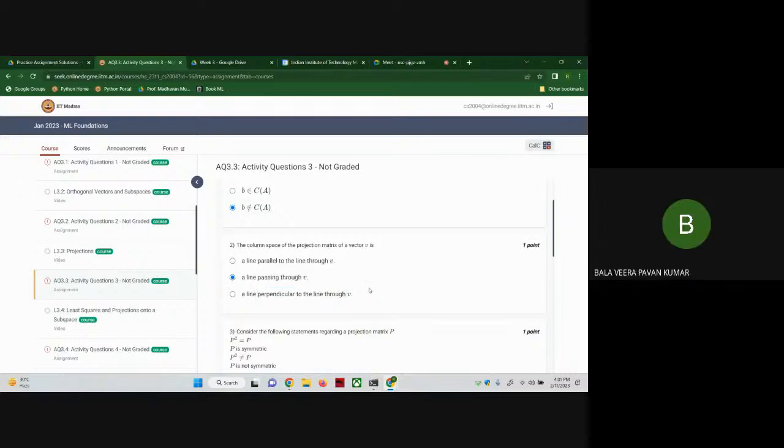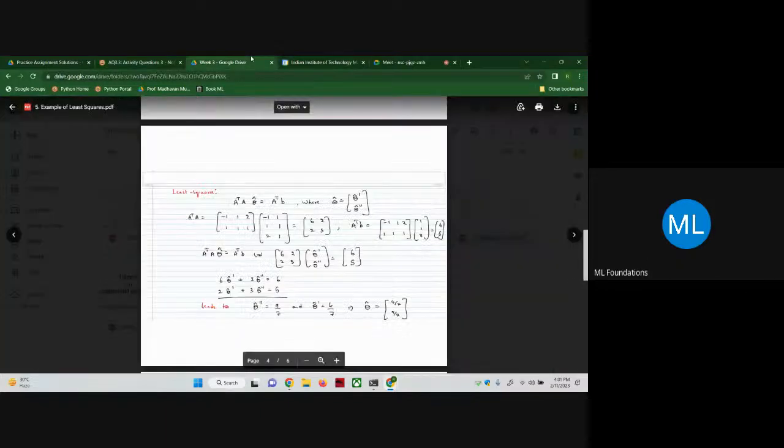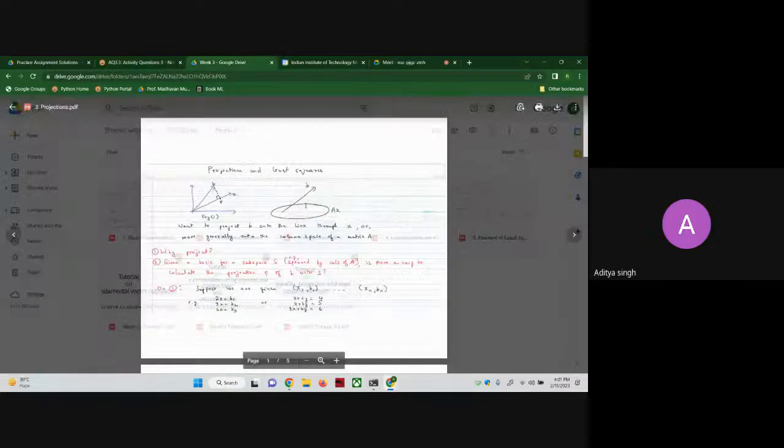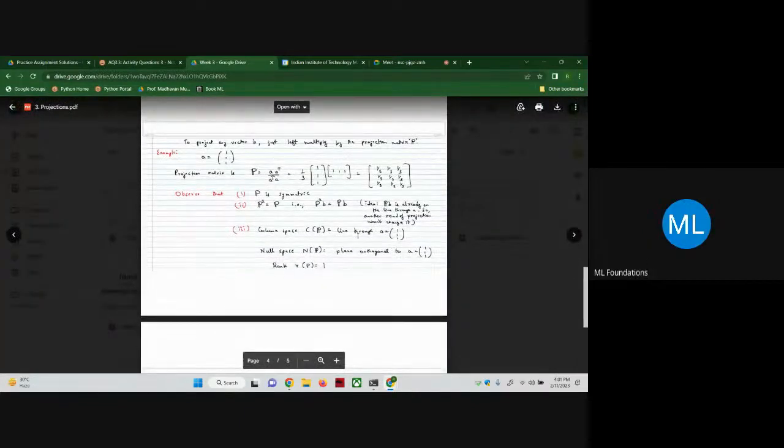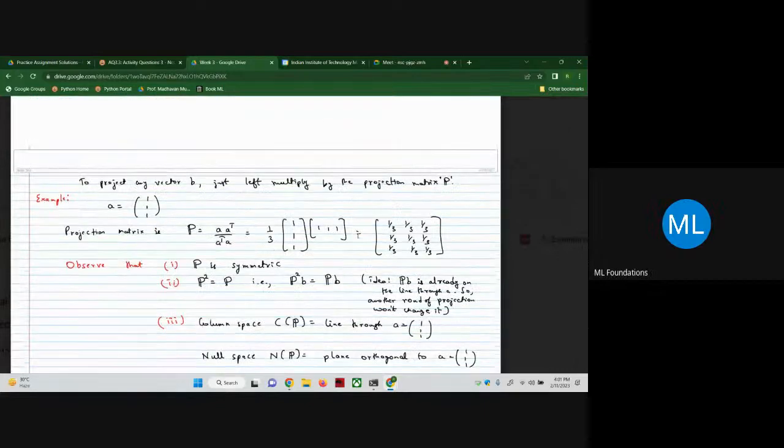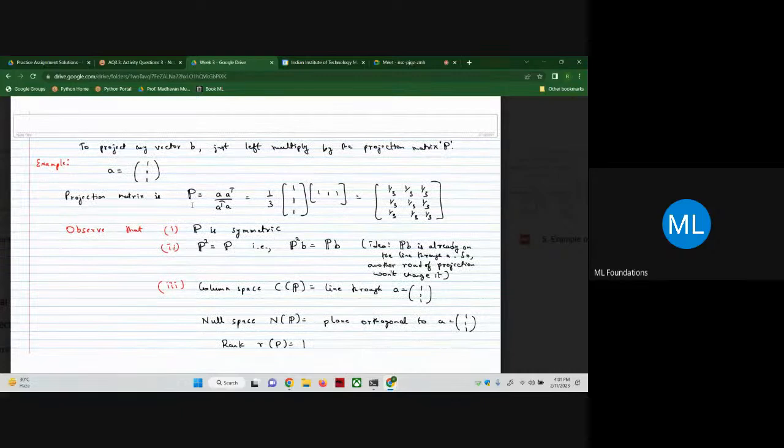For the second one, the column space of the projection matrix of vector v: you see here this vector A is 1, 1, 1, right? For this particular one, we have the projection matrix P. It was clearly mentioned that the column space of the projection matrix is going to be the line through 1, 1, 1.